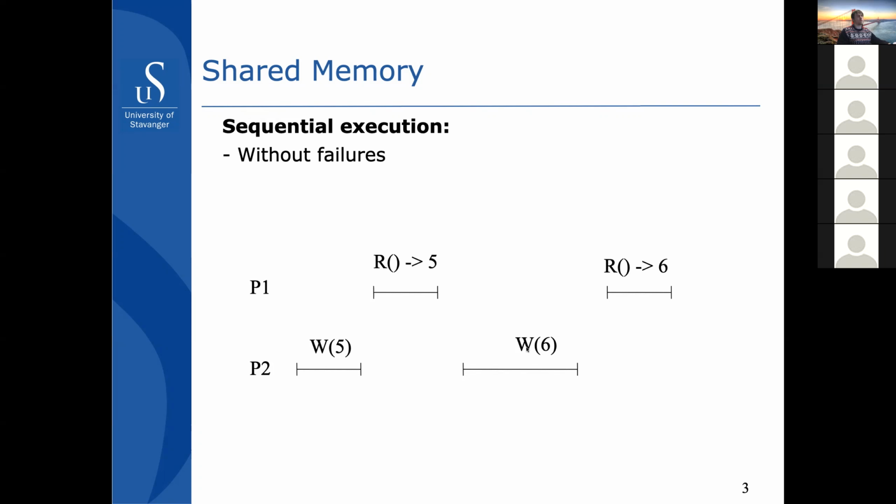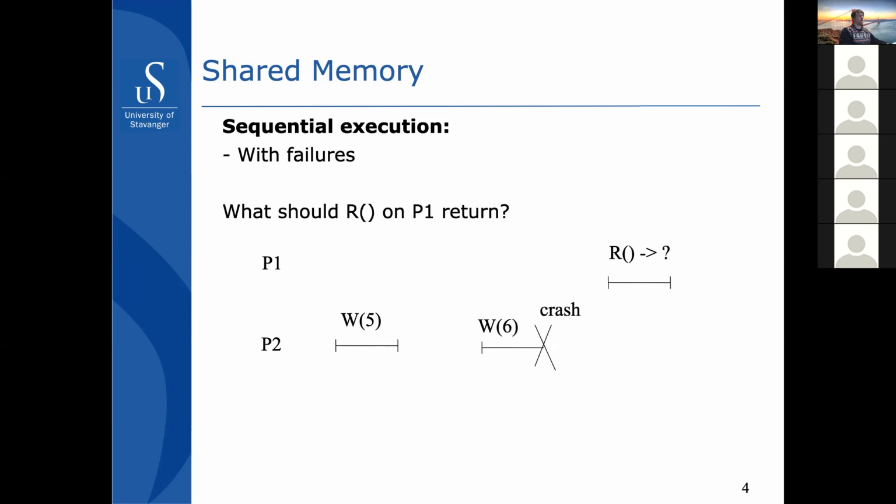Then process 2 can write the value 6, and shortly after, process 1 can read the value 6. So here we don't have any failures, and everything happens in a sequence. This could be just one process actually, but everything happens nice and sequentially here.